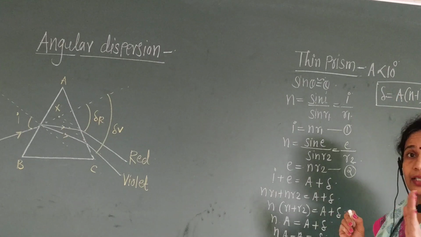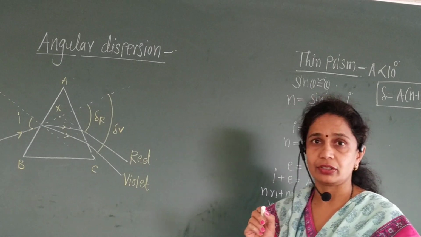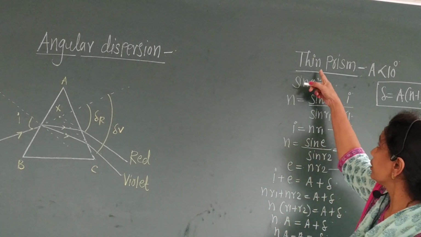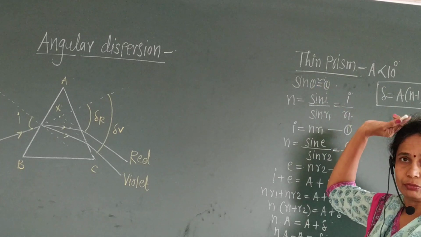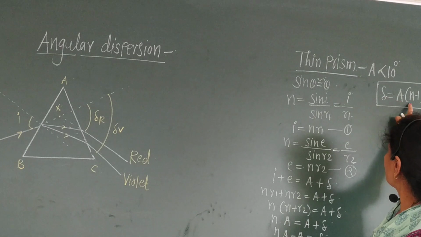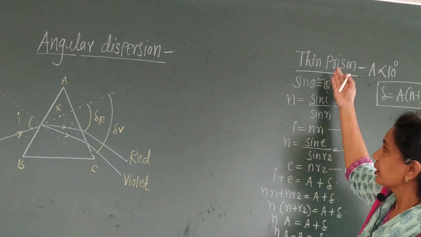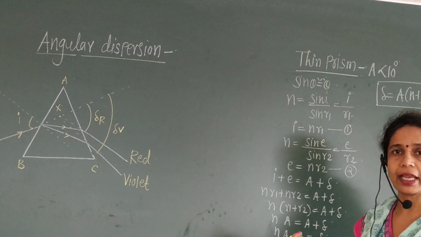This is the equation of angle of deviation for a thin prism, which is very important. Delta is equal to A into n minus 1. It is a simple one. For a thin prism, the refracting angle is small.